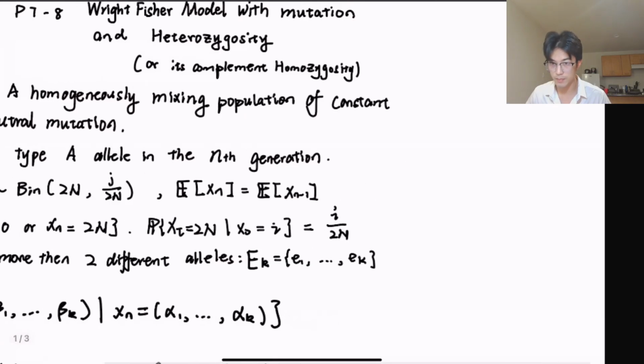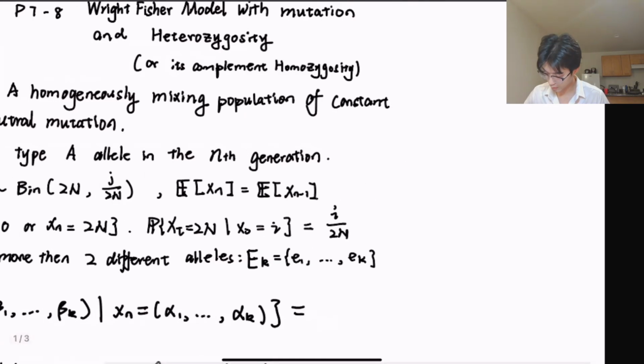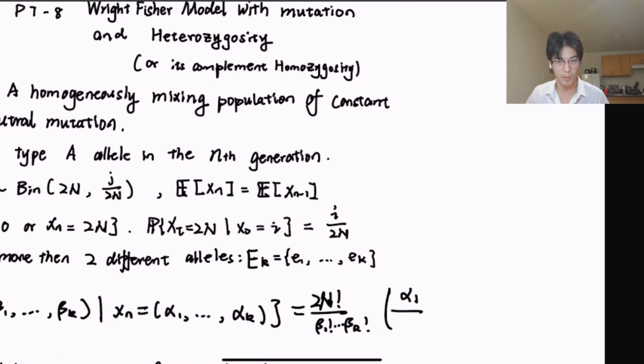And we're sampling from beta_1 to beta_k and alpha_1. Oh, this is actually 2N. Remember, we have N individuals. Each individual, which is called a diploid, has 2N alleles.